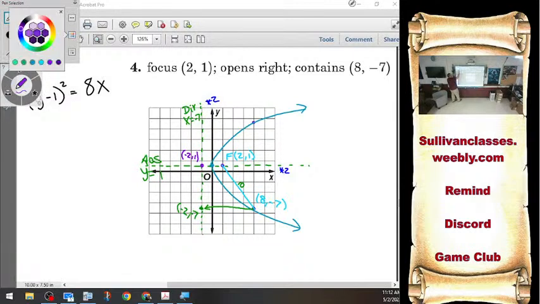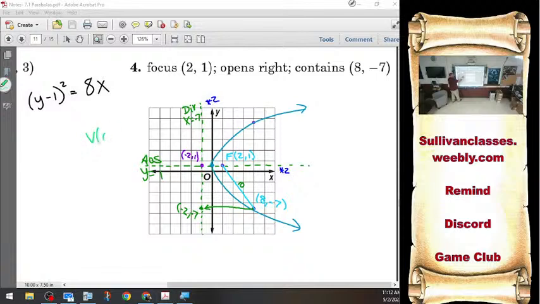So if I have a vertex of 0, 1 and it opens right, wait, wouldn't x equals... oh, yeah, there we go. I just got my x's and y's swapped up. Probably happens when your 2's get lazy and look like 7's anyway.